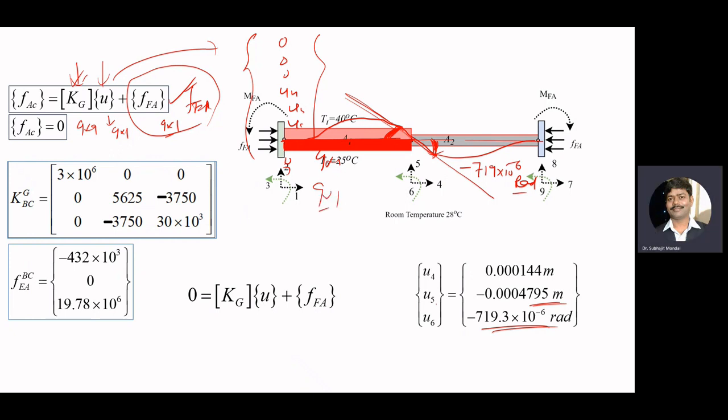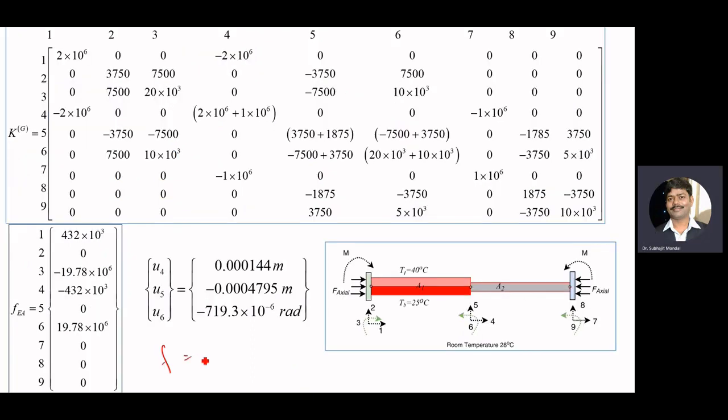Okay, and if you put the values, we can find the forces developing here. You can solve this equation: K times U plus fixed end action.